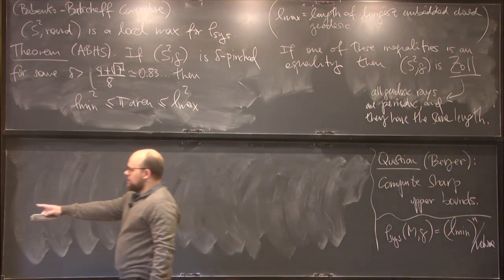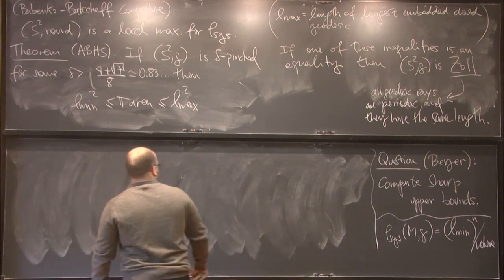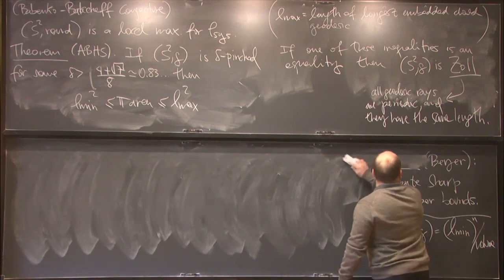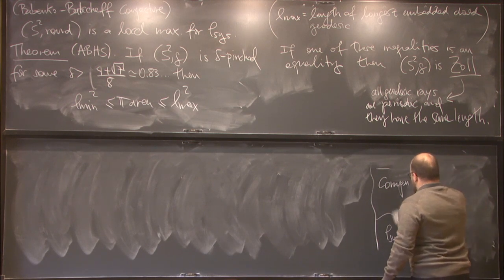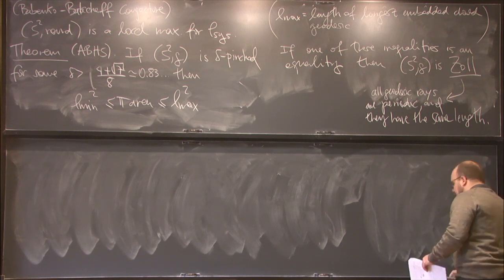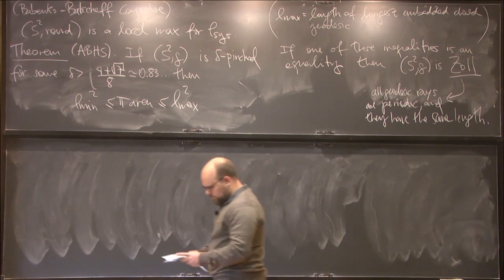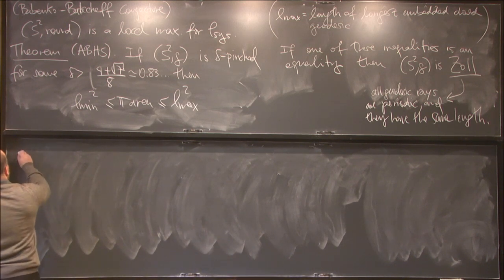Of course, there is a little bit of a factor here because the area of the table is half the area of the sphere. I would just like to mention a result.